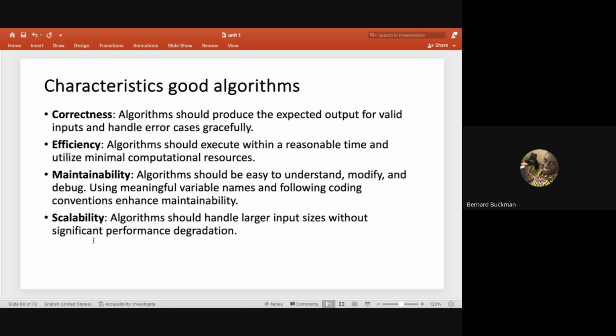We call that the efficiency of the algorithm. And then an algorithm should be maintainable. When we say maintain, we are talking about an algorithm that we can easily modify. When we know something new, we can add that new thing to the algorithm.